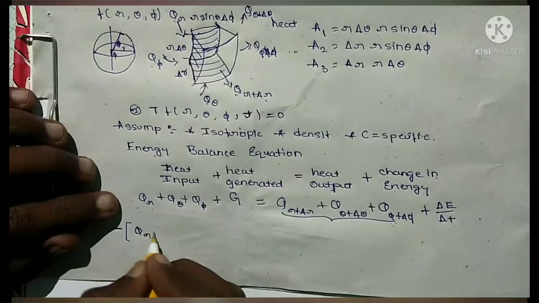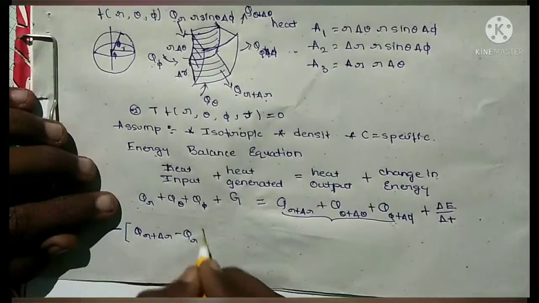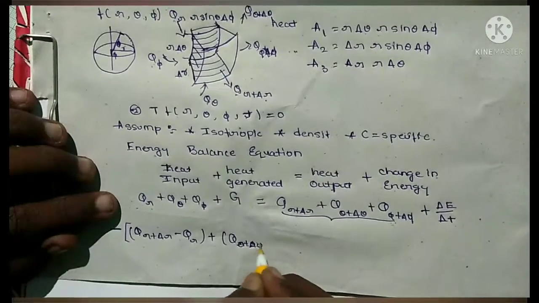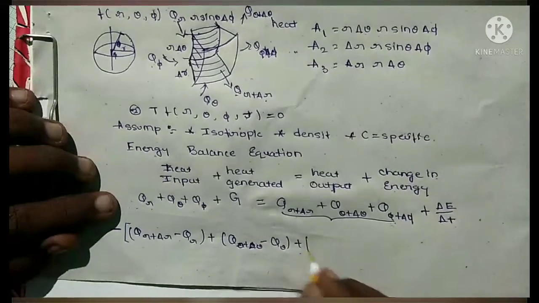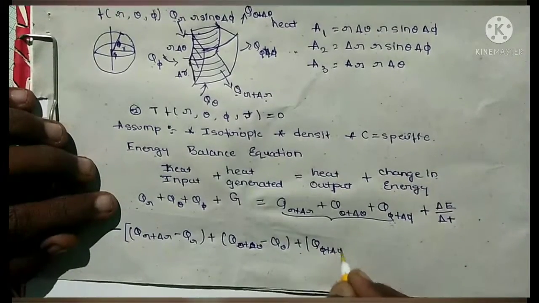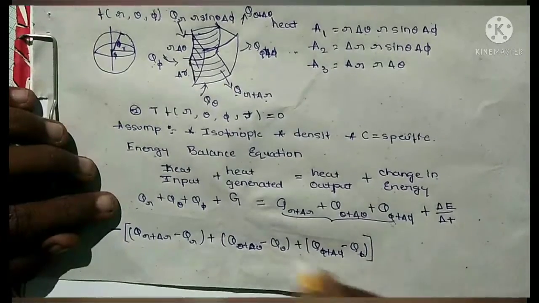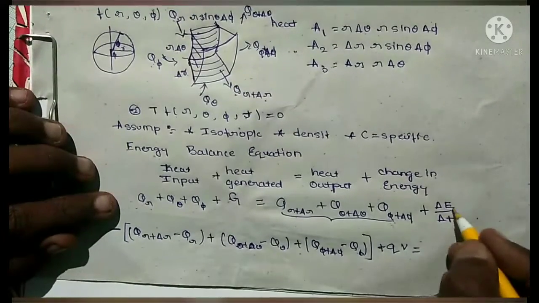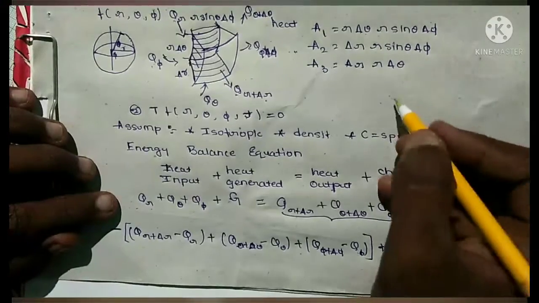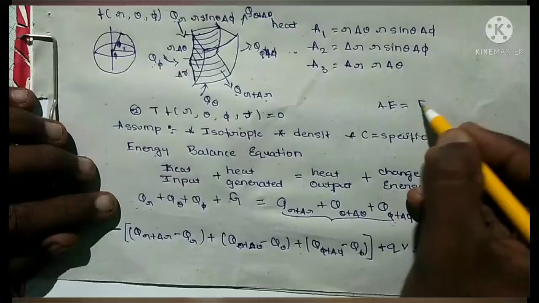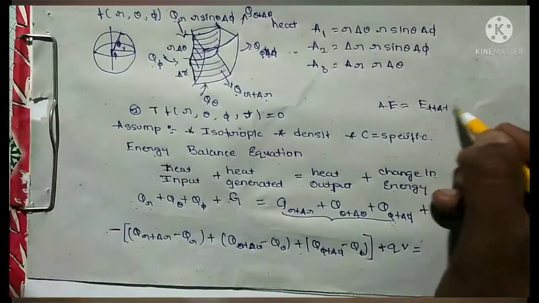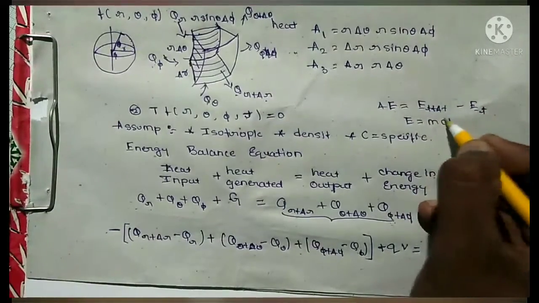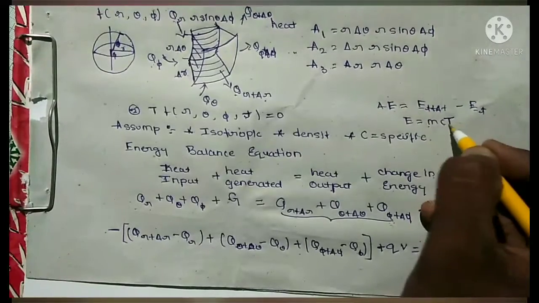Q R plus delta R minus Q R, plus Q theta plus delta theta minus Q theta, plus Q pi plus delta pi minus Q pi, plus G. G is nothing but heat into volume, is equal to delta E. Delta E is equal to energy at time T plus delta T minus energy at time T. The energy can be given by E equals M into C into T, where C is the specific heat, M is the mass, T is the temperature.